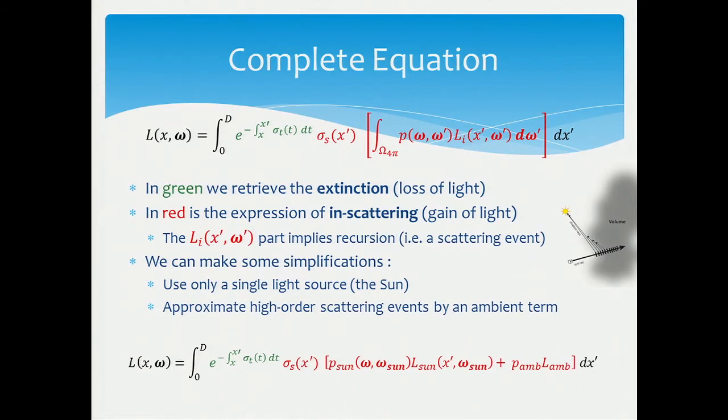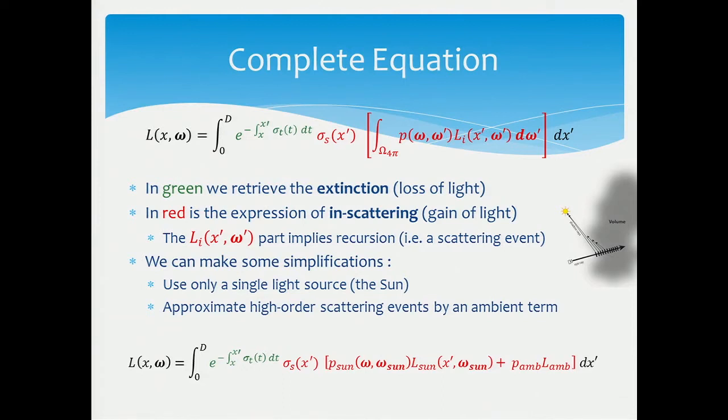Obviously, you can't do that in real time, but we can take simplifications like using only a single light source, the sun usually, and we can approximate the higher order scattering events by the well-known ambient term that we use quite everywhere. Instead of computing global illumination and direct lighting and stuff, it's basically the same thing. So you get this integral, which we got rid of the inner integral. That's the first step.